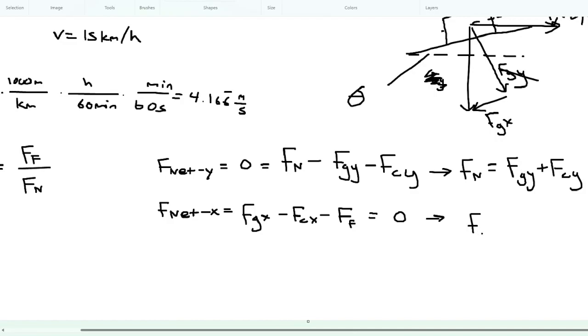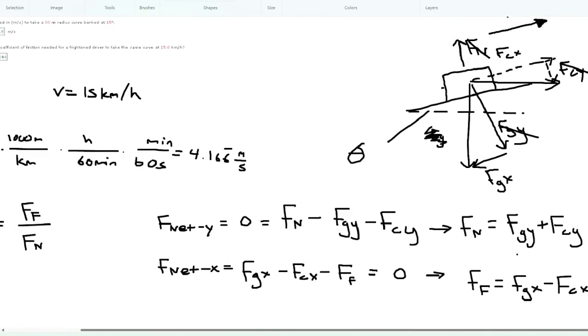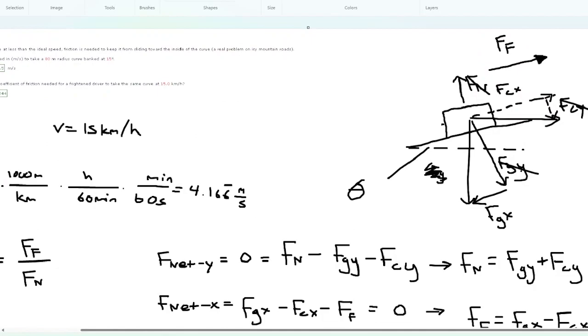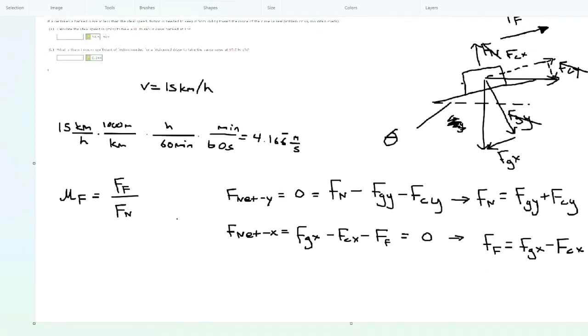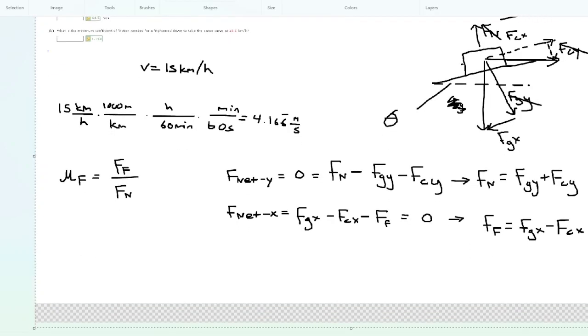Force of friction in this case is going to be equal to the force of gravity in the x direction minus the force centripetal in the x direction. And from here we can either plug it in directly or we could solve it. It really doesn't matter. We'll be solving for it either way. So I'll go ahead and I guess solve for it here.